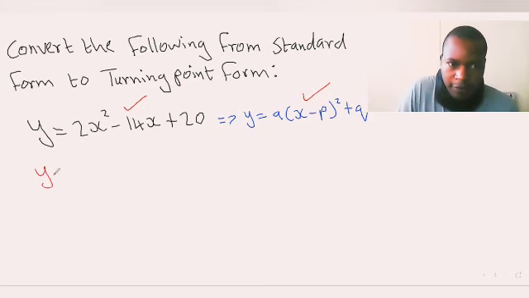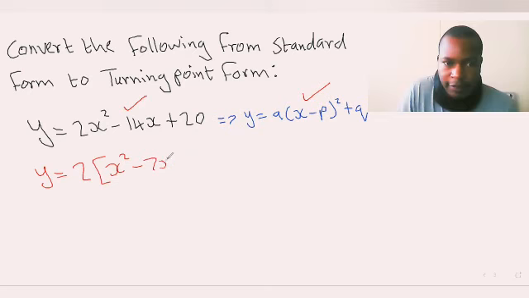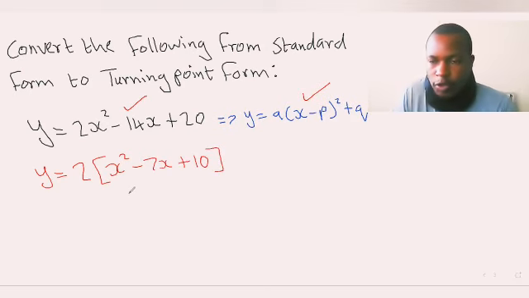So we will start off by factoring out the 2. If we have the 2 on the outside, we would have x squared minus 7x plus 10. So we factored out the 2.